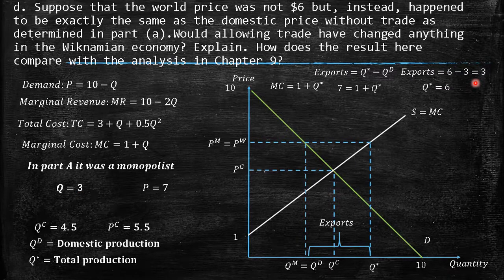So this difference, 6 minus 3, which is 3, should be the exports. So this is the analysis of the chapter before, where there is a gap between the quantity produced and the quantity consumed. This difference should be exported at this time, where the price is higher than the competitive one.